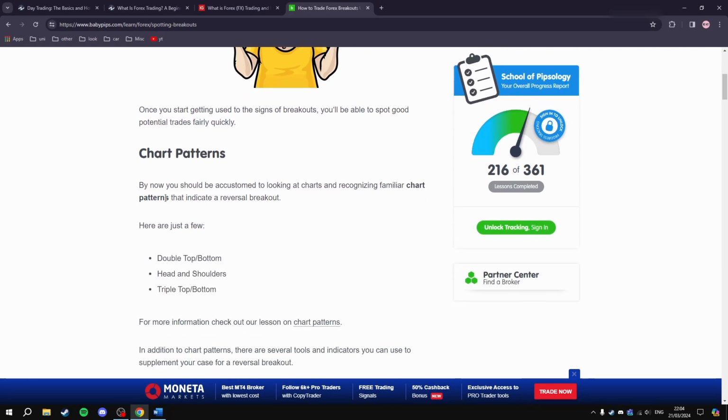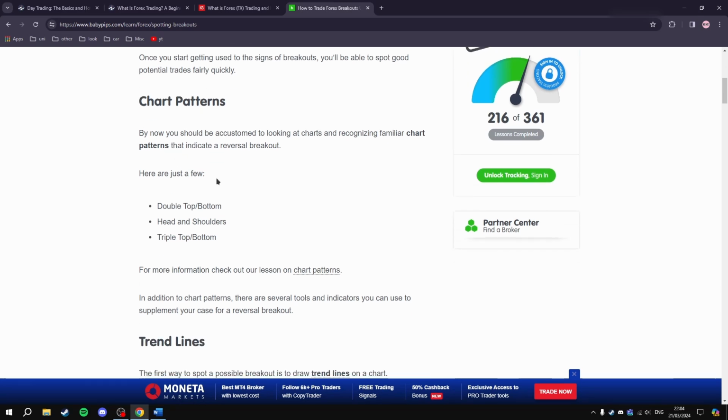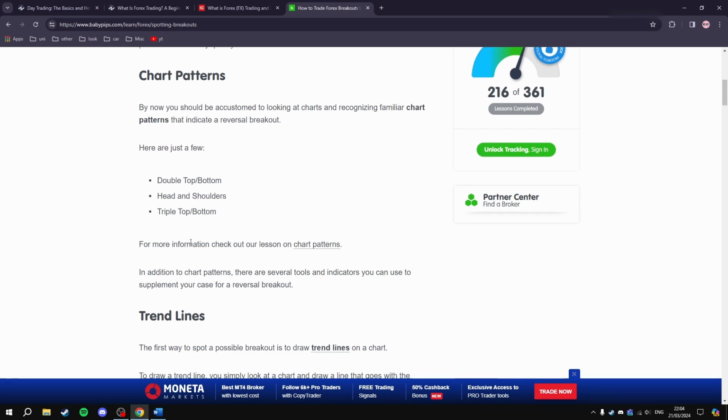So, chart patterns. By now you should be accustomed to looking at charts and recognizing familiar chart patterns that indicate a reversal breakout. Here are just a few: double top slash bottom, head and shoulders, triple top slash bottom. For more information, check out our lessons on chart patterns. In addition to chart patterns, there are several tools and indicators you can use to supplement your case for a reversal breakout.